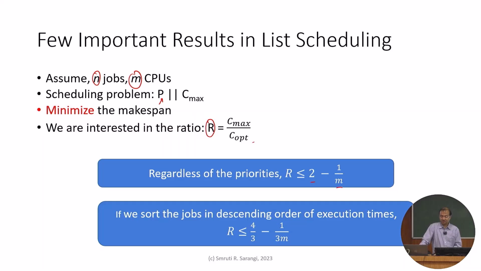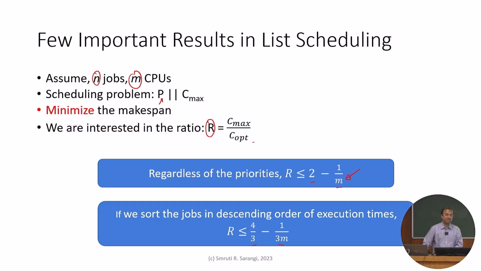So we will prove this. If I sort the jobs in descending order of execution times, and then I take the longest job first and then smaller, then R is less than 4 by 3 minus 1 by 3M. All right. So this is my scheme. So what we will do now is that we will maybe prove the first.